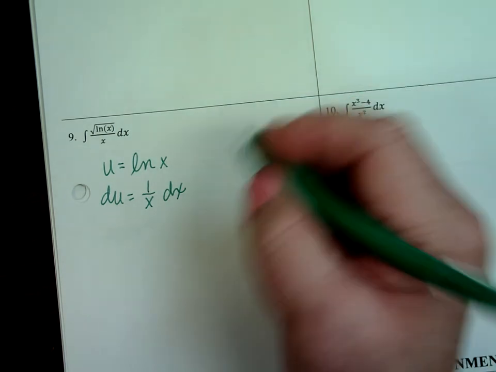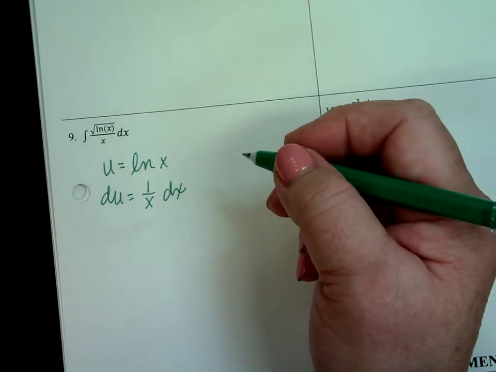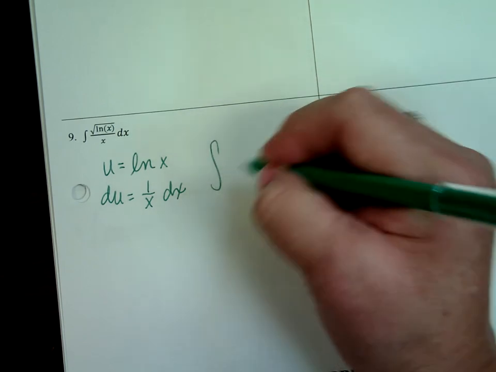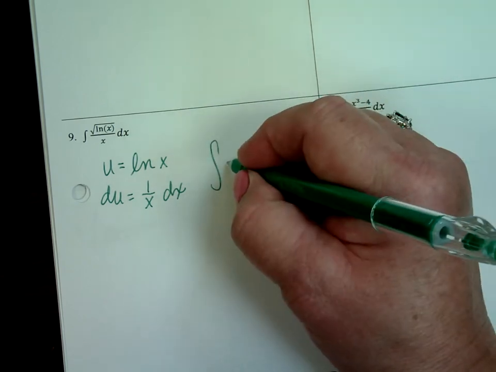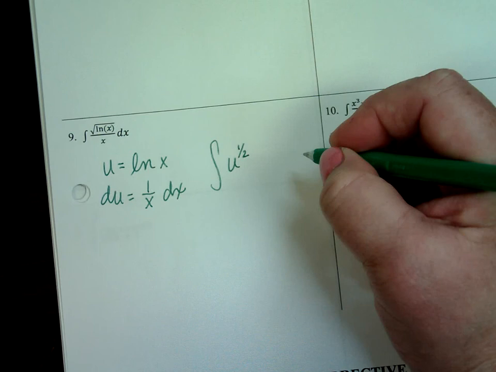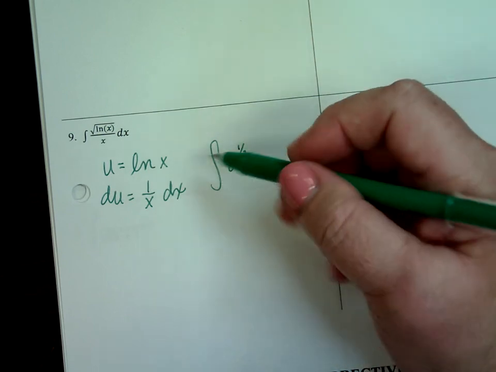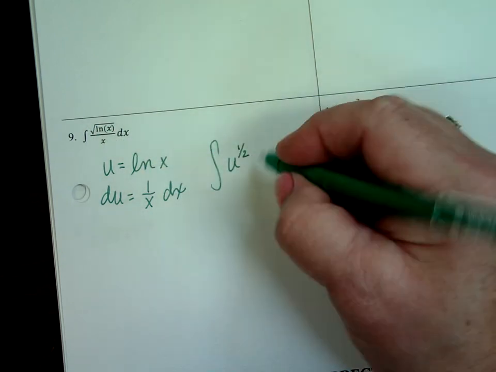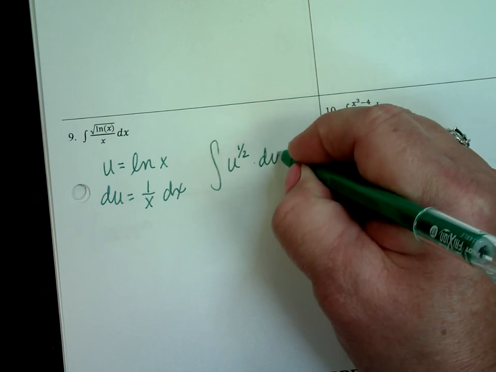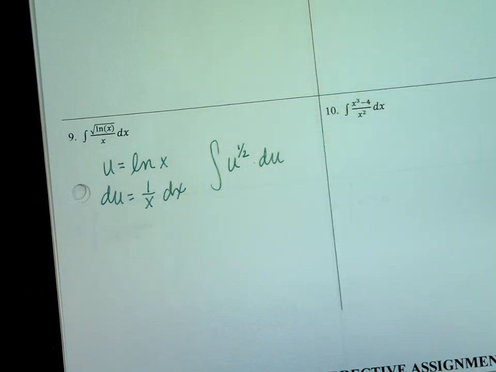All right, so I'm ready to just do the u sub on this. Here it goes. I've got u being raised to the 1/2 power. That's my square root. And du is my 1 over x dx, so this is just times du. I don't have to clean it up.